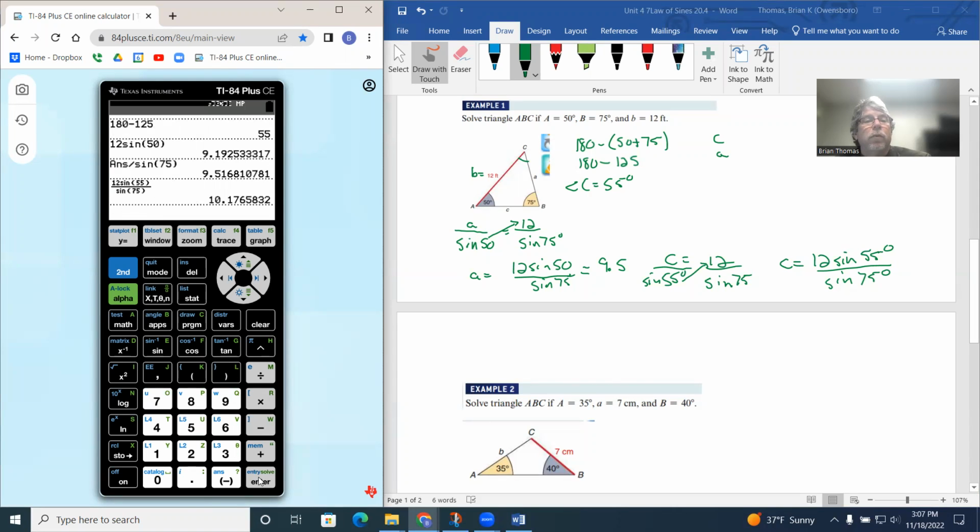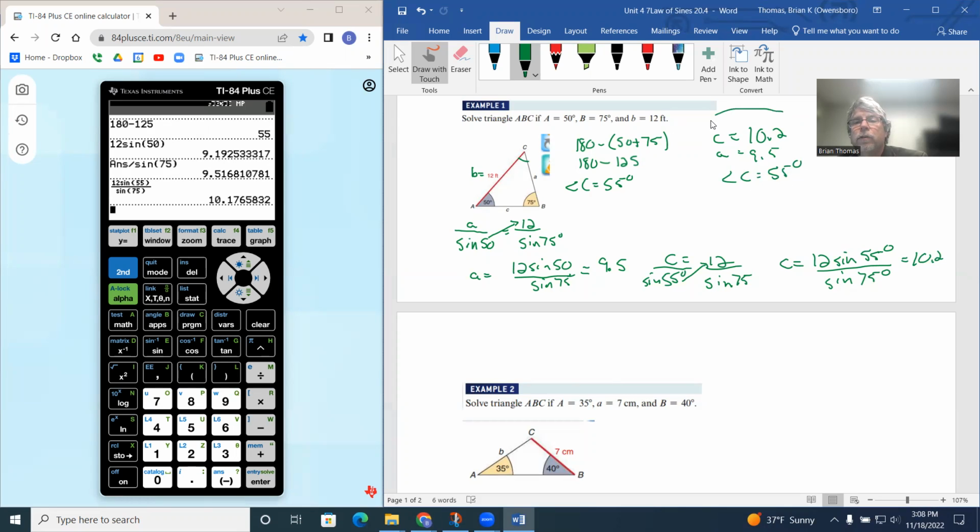That's going to give me 10.2. So the other missing pieces would be side C is 10.2 and side A was 9.5. And then angle C was 55 degrees. Those were the missing pieces in this problem.